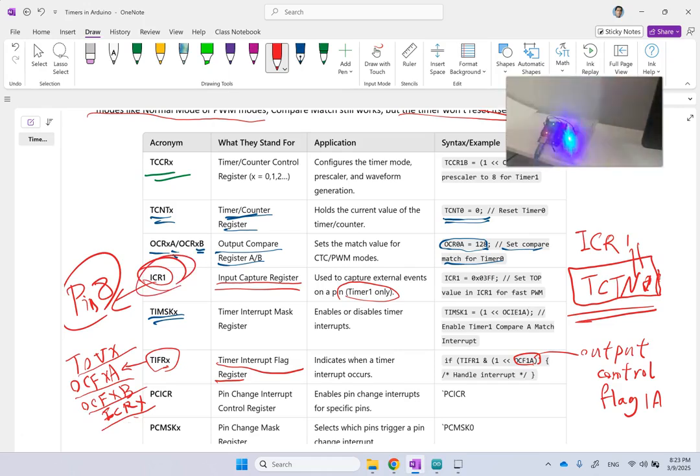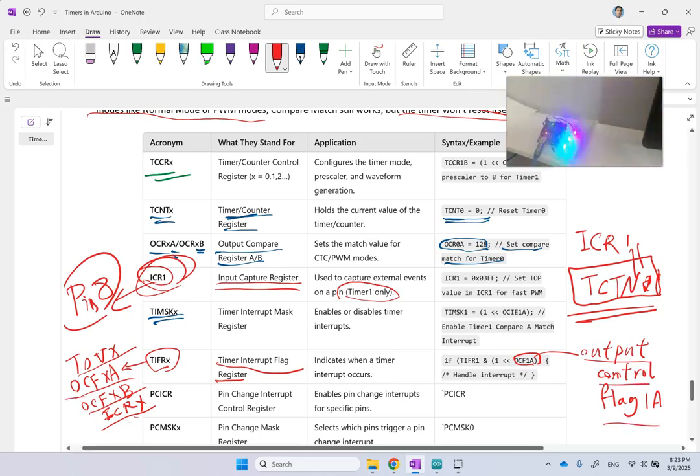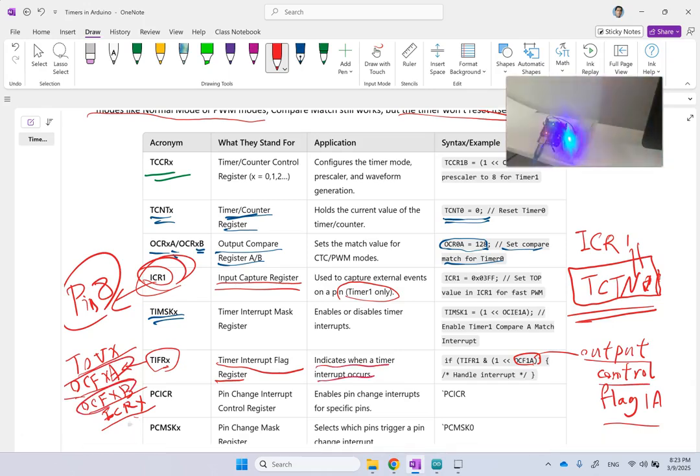The OCFs, which stand for output compare flag, are 1-bit flags in it, and they indicate when some timer interrupt occurs. So you see here, if TIFR1 and OCF1A is 1, that means the comparison to that OCR1A, whatever that number was, 100, 200, has happened. When that happens, then do something, correct?